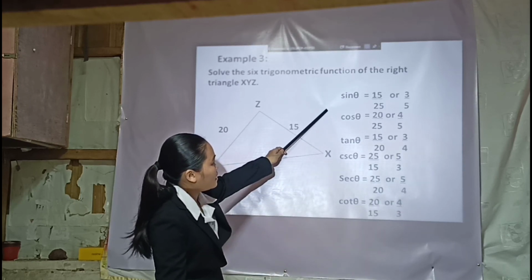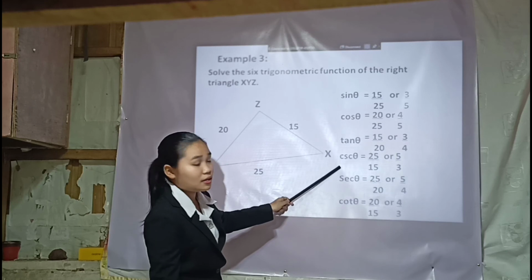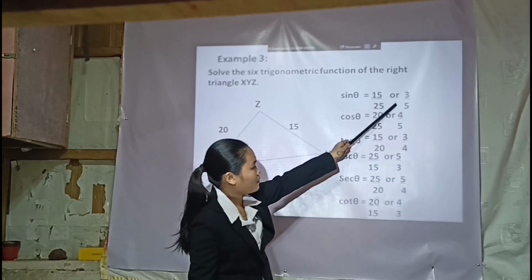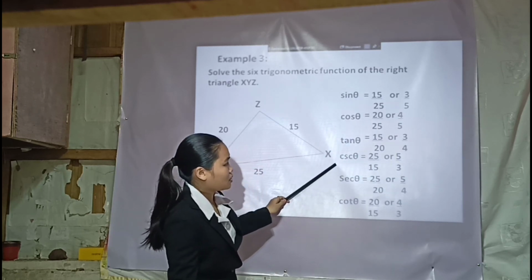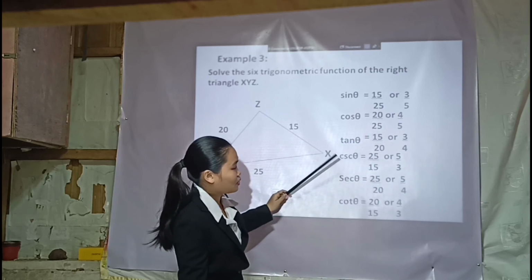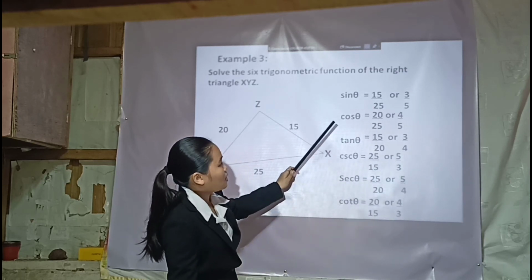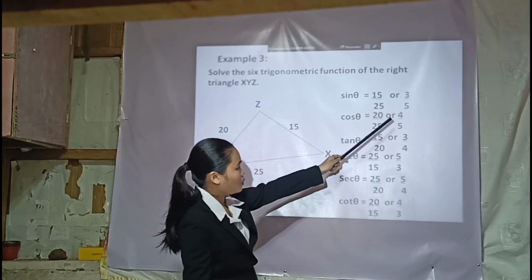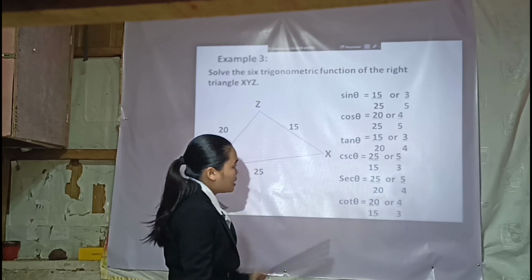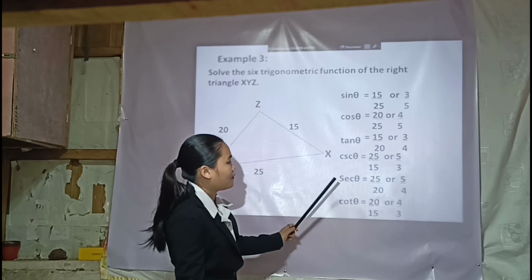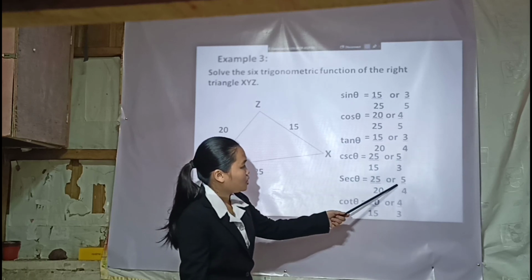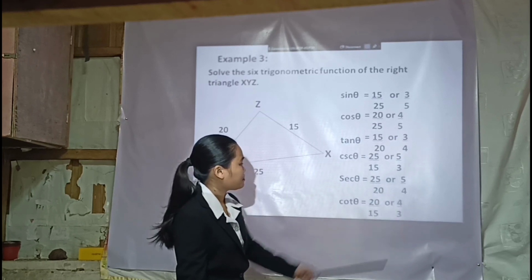So, the sine is the reciprocal of the cosecant. 3 over 5 in cosecant becomes 5 over 3. And the cosine theta, which is 4 over 5, is the reciprocal of the secant, which is 5 over 4.